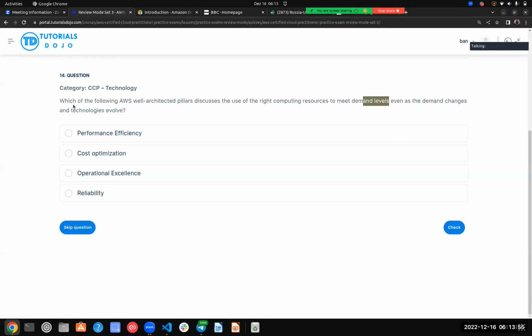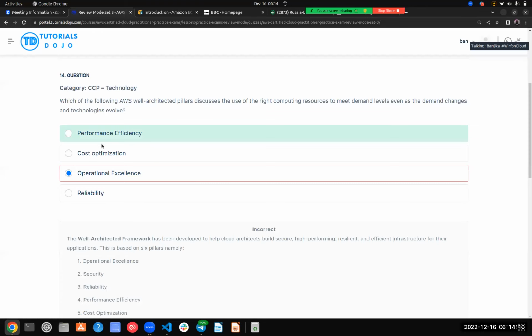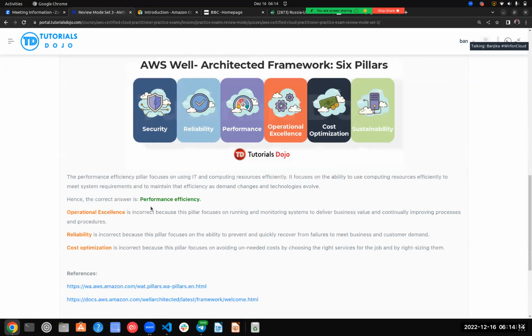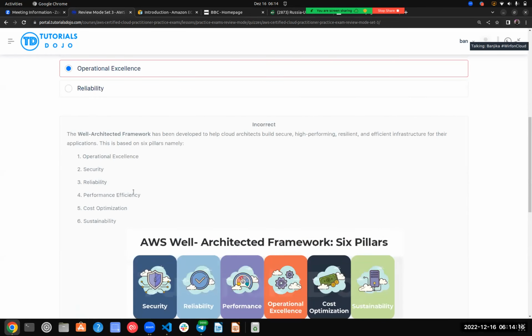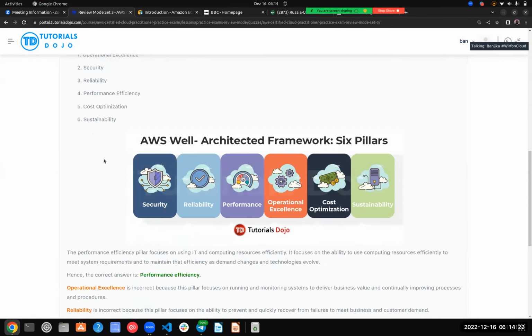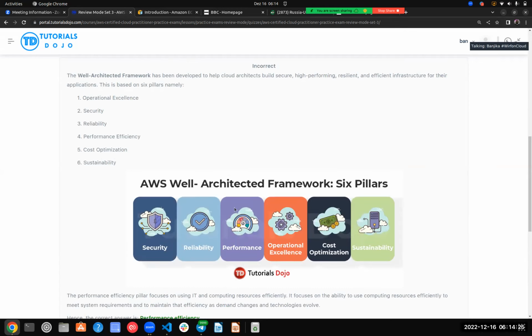Okay. One person says performance, operational. Can someone break the tie? Operational excellence. All right, let's see. So everyone has some work. For those who are missing out, make sure that before you go to the exam, you know what all of the different pillars stand for. You know, what does performance efficiency stand for?